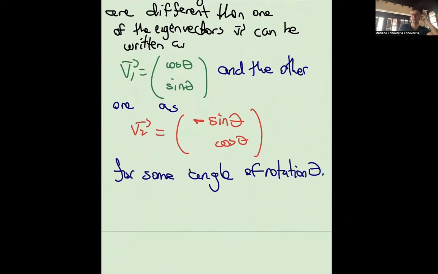Why is that useful? Because I don't know if you remember, we talked about diagonalizing a matrix, right? Remember when A was diagonalizable. What did A being diagonalizable mean?